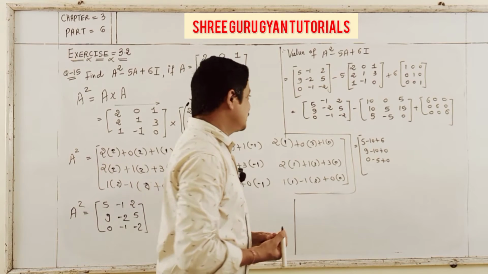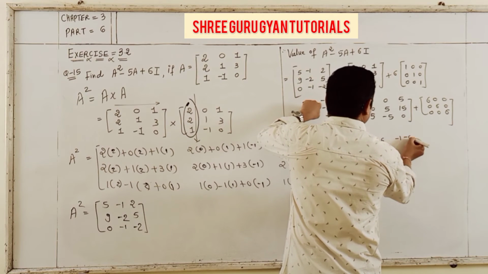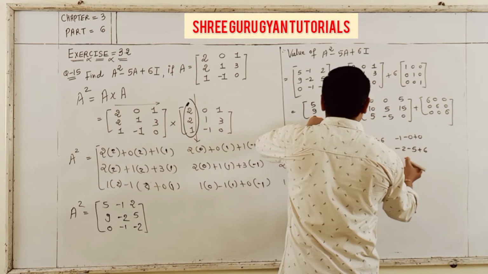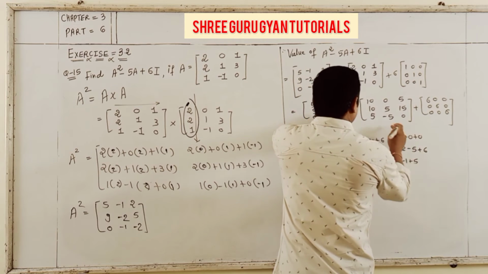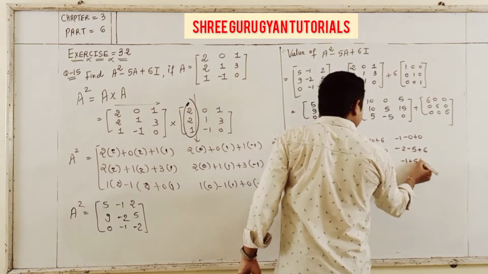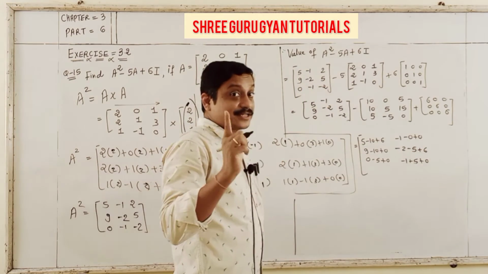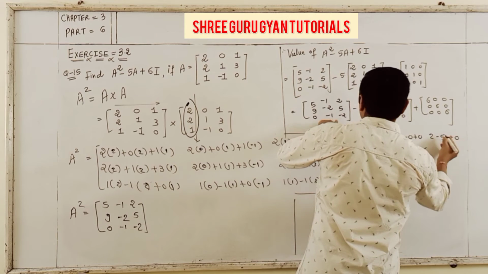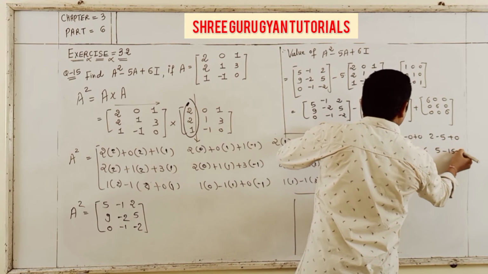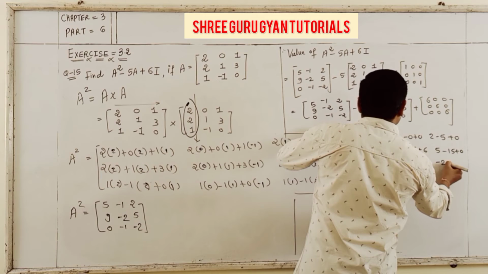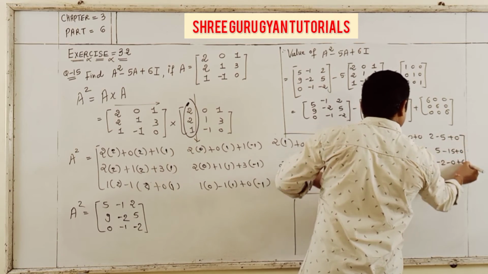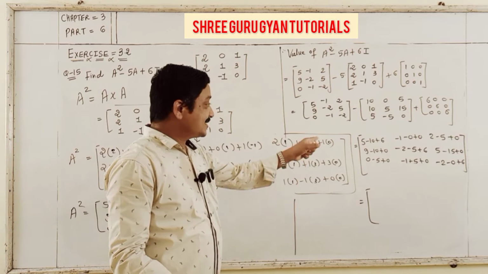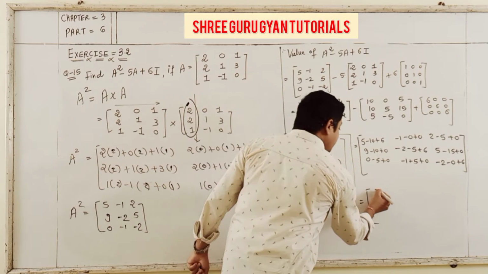Same as second: minus 1 minus 0 plus 0, minus 2 minus 5 plus 6 and minus 1 plus 5. Last column, I have 2 minus 5 plus 0, 5 minus 15 plus 0, and minus 2 minus 0 plus 6. In short, your data is covered by the answers: 6 and 5, 11, 11 minus 10 which is 1.